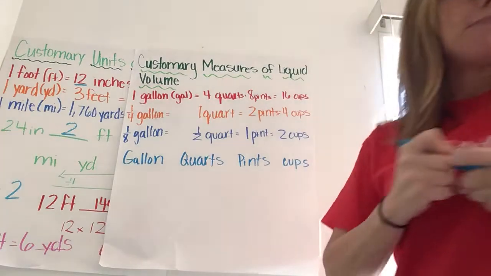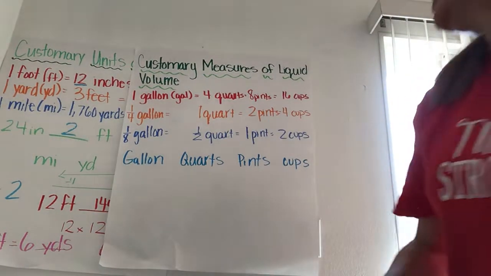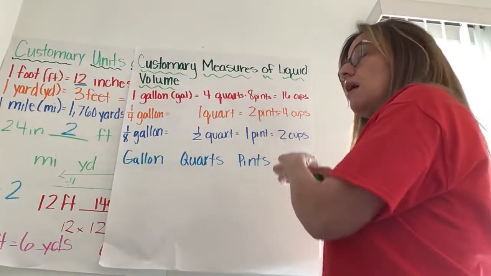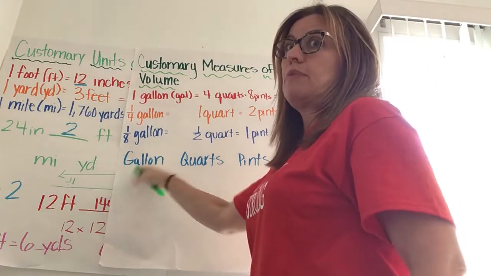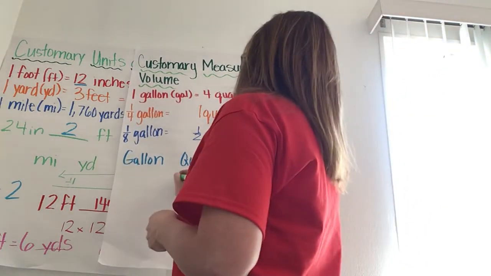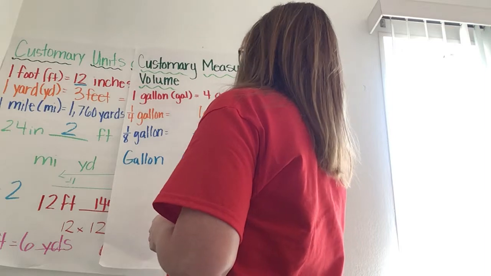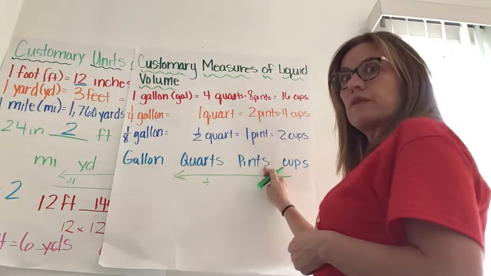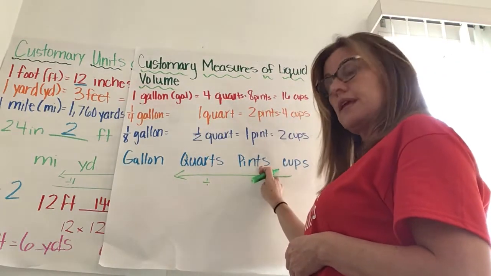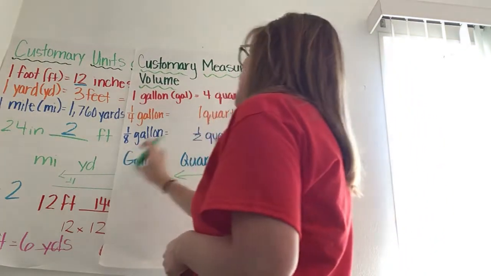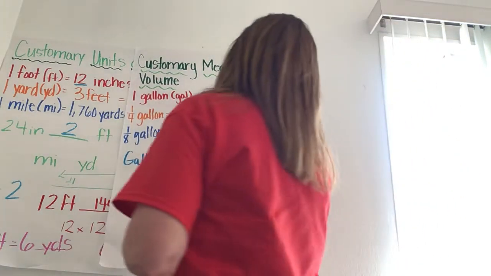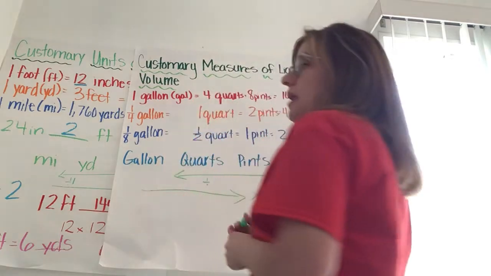So remember, if I'm changing from a cup, a smaller unit, to a gallon, a bigger unit, and I'm moving to the left, I'm dividing by whatever the equivalent measurement is. If I'm going from a bigger unit to a smaller unit, I'm going to be multiplying.